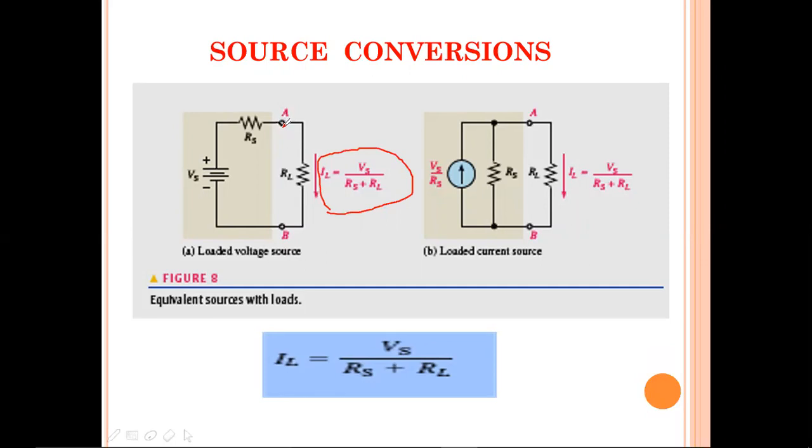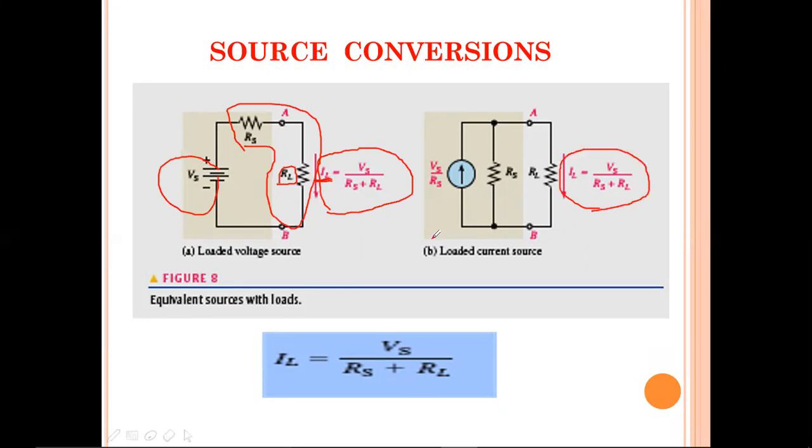Instead of short circuiting the path, if I connect a resistance across the A and B terminals, and name it RL, how much current flows through this RL? Obviously IL flows through this RL. IL is nothing but the total voltage by, because these are both in series, RS plus RL. The same value of current should pass through this IL.